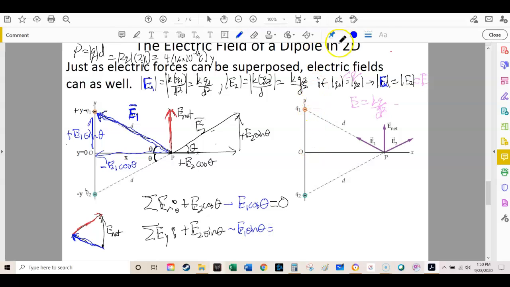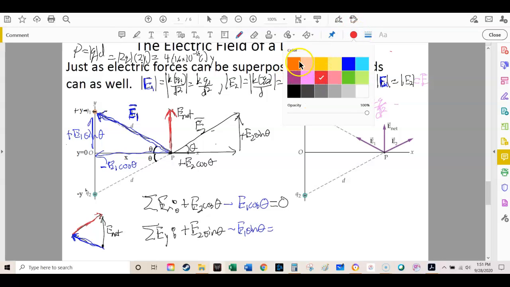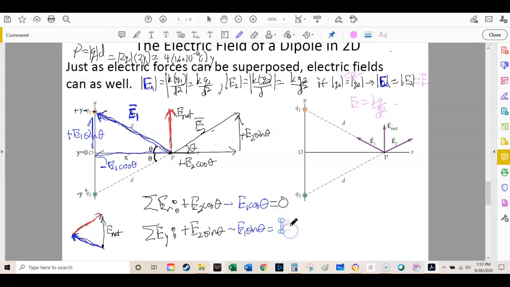And since E1 is equal to E2, that's just 2E sine of theta, where E is equal to KQ over D squared. So that's going to be 2KQ over D squared sine of theta, right?